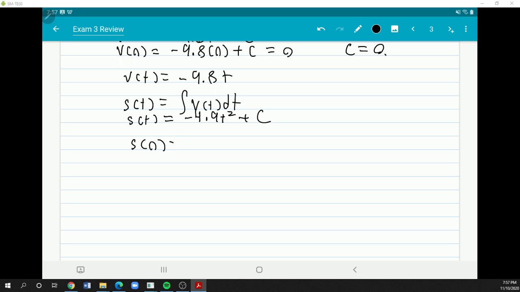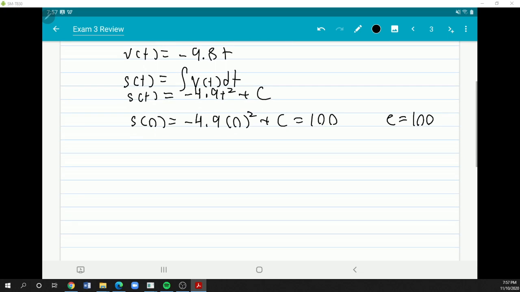S of 0 is equal to minus 4.9 times 0 squared plus c, which is equal to 100. So this gives us c is equal to 100. So we get s of t is equal to minus 4.9 t squared plus 100.